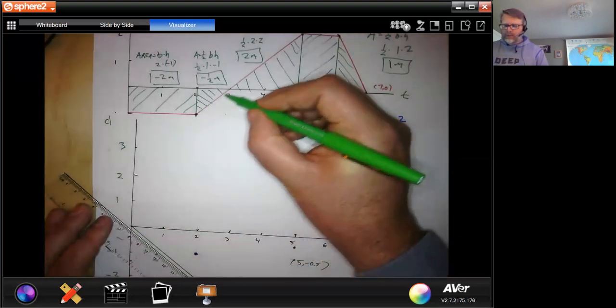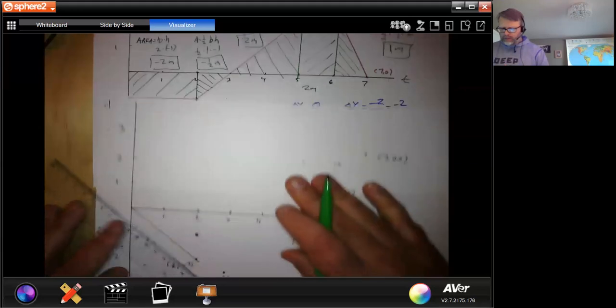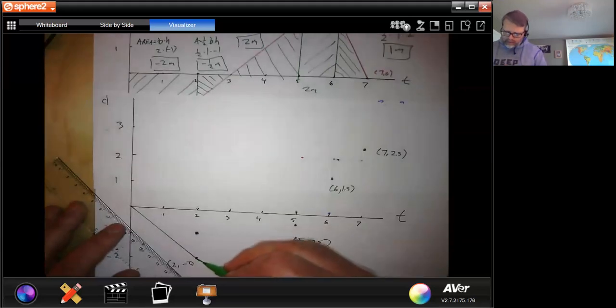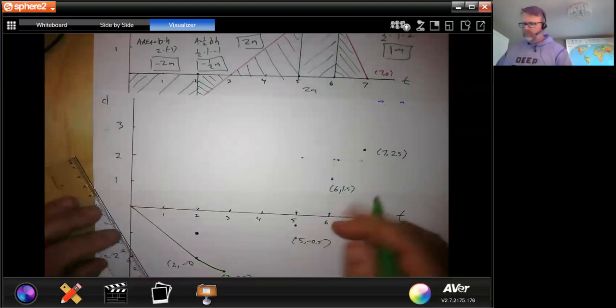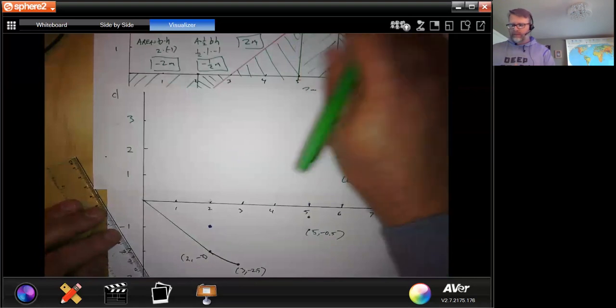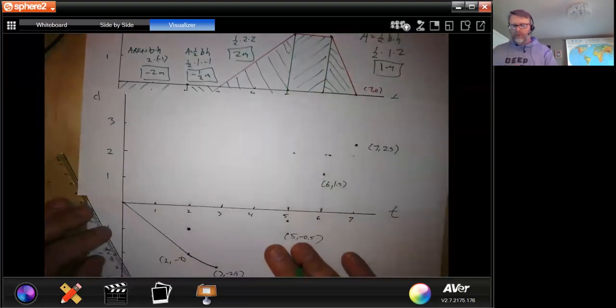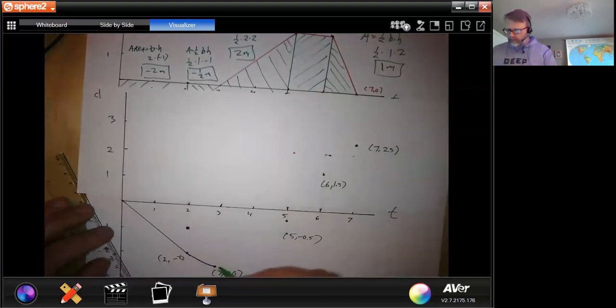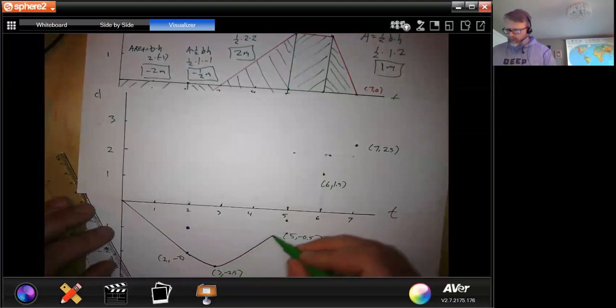Now my slope approaches 0, so it's no longer going to be a line. It is going to curve until it hits 0. Now my slope is going to get more and more positive, so I need this to curve upwards until it hits that one.